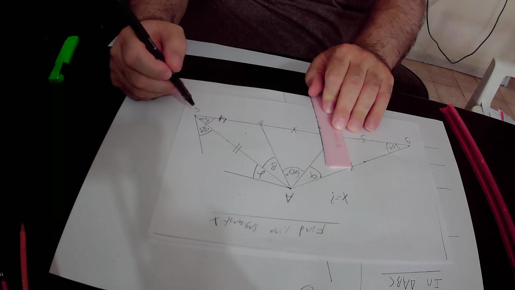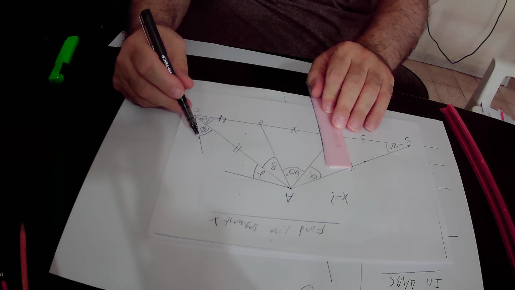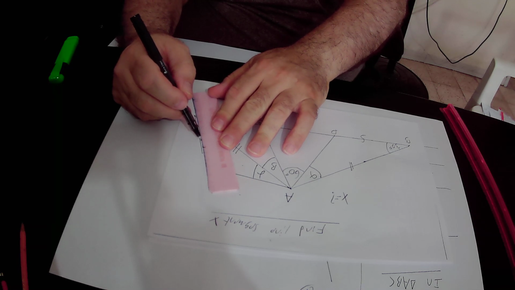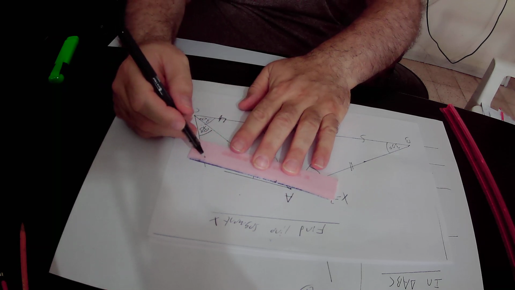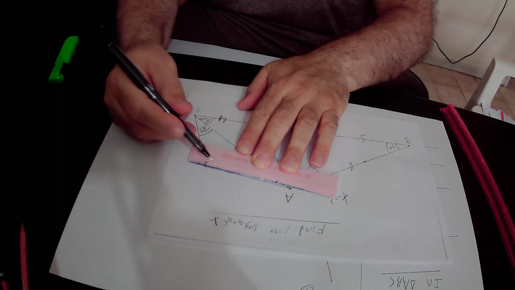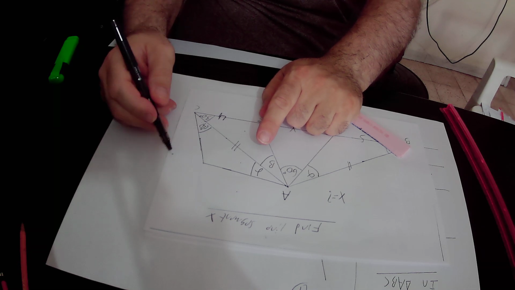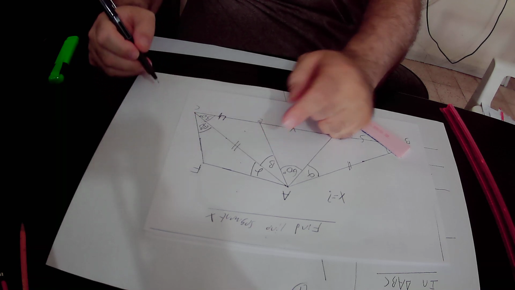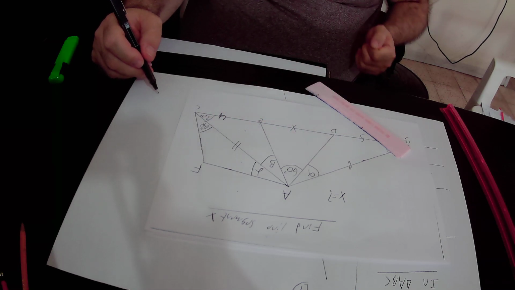Then in the next step we will extend the two straight lines until they intersect with each other, and we define the intersection point of the two straight lines as point F. In this way, by this construction, we created triangle AFC.